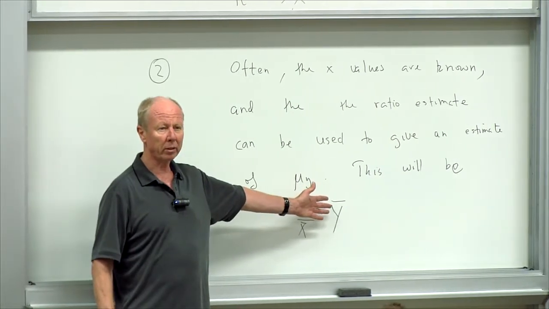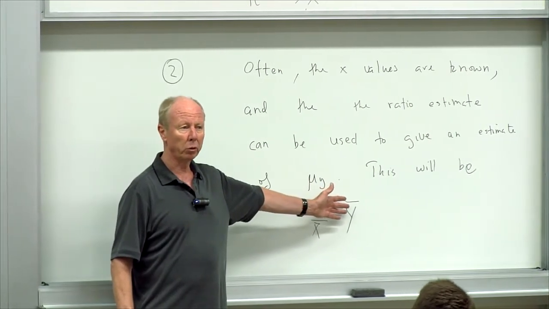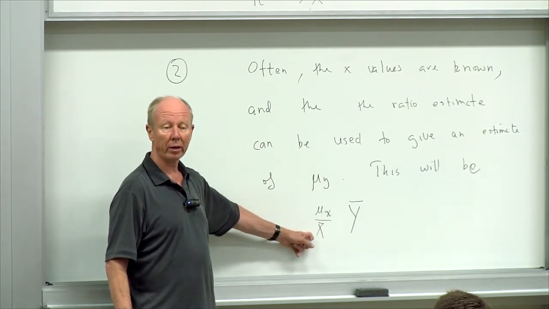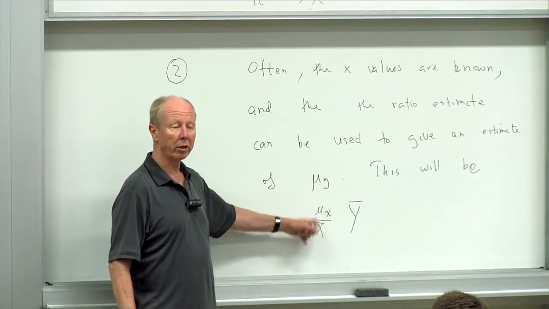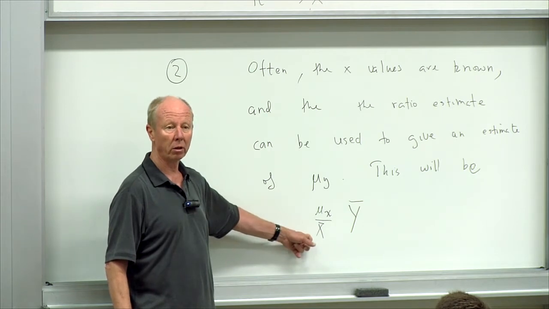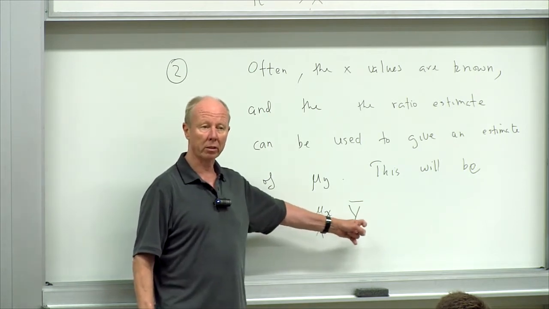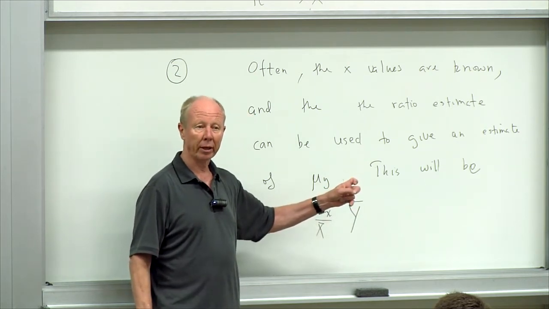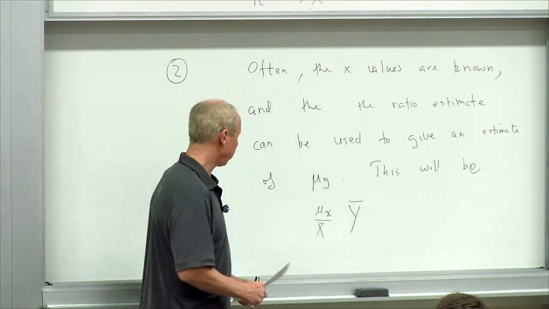This might be an underestimate. If it's an underestimate of mu y, then this should be an underestimate of mu x, and that means this ratio, mu x over x bar, should be bigger than 1, and that sort of corrects this. Multiplying this times that would then correct the estimate of y bar.